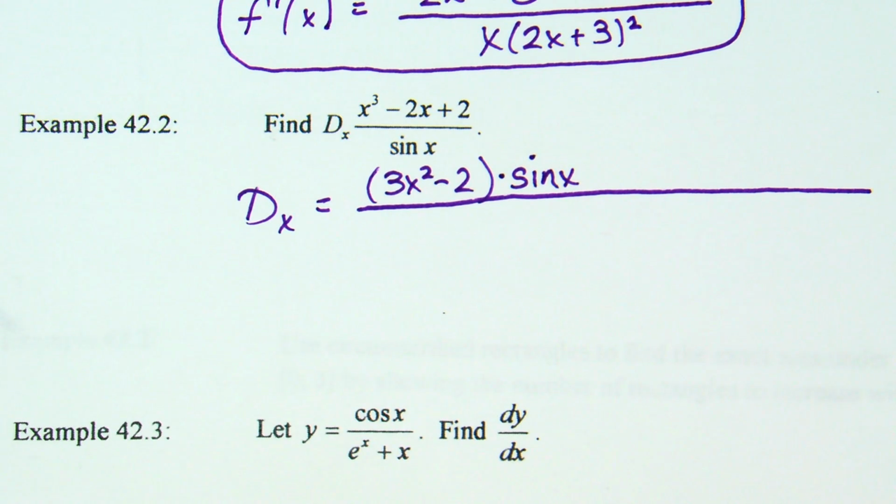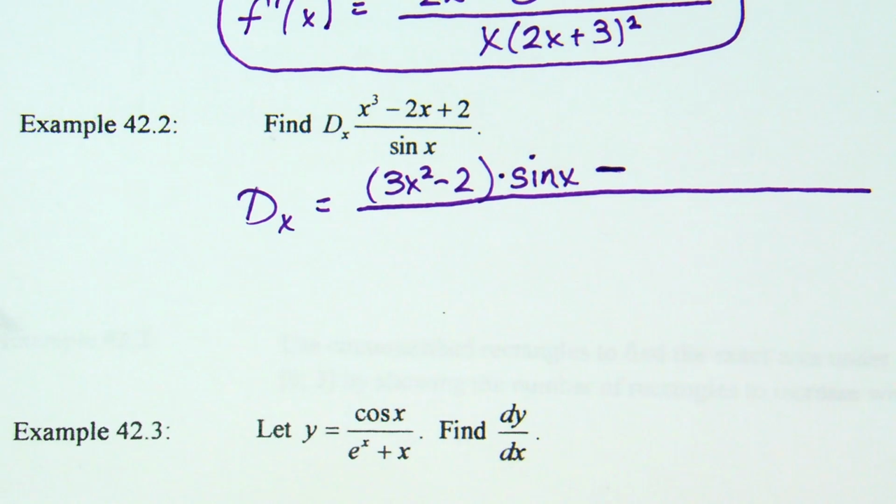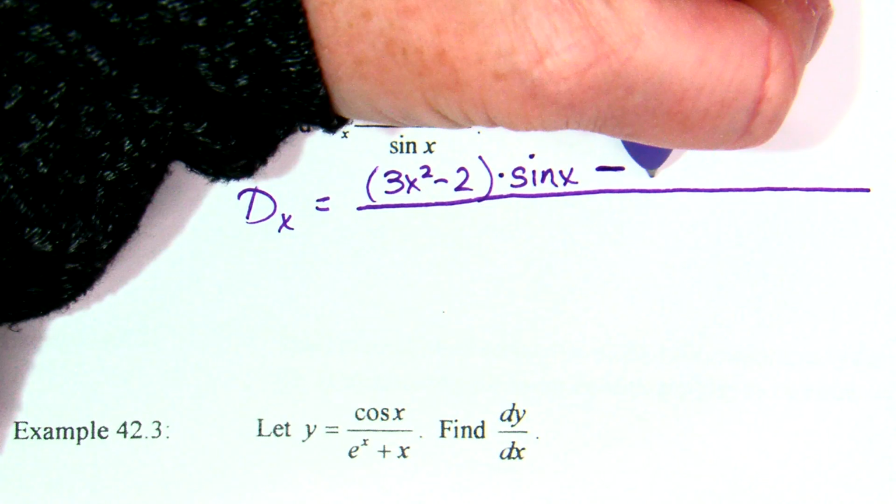What sign goes next? Minus. And now what are we subtracting? What's the derivative of sine x? Cosine x.